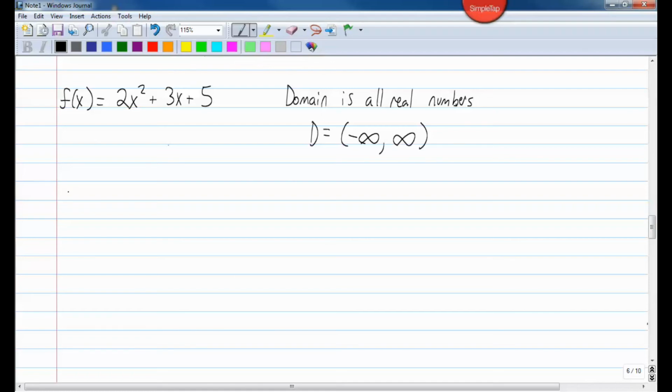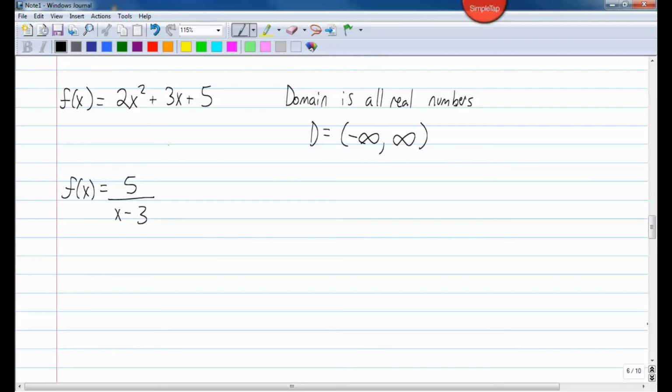Now if we do have a denominator, let's say that I had 5 over x minus 3, and I wanted to figure out the domain. List the domain. Alright, when you have a fraction, you do not want to divide by 0. You don't want your denominator to equal 0.